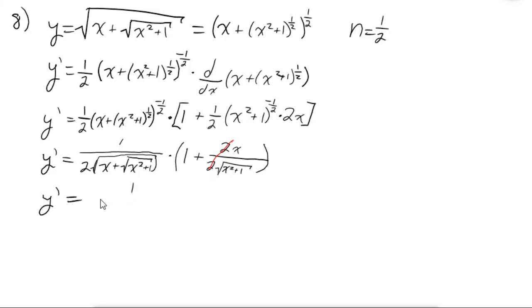So as simple as we are going: 2 multiplied by the square root of x plus the square root of x squared plus 1, multiplied by 1 plus x over the square root of x squared plus 1. And that's it. That's the chain rule.